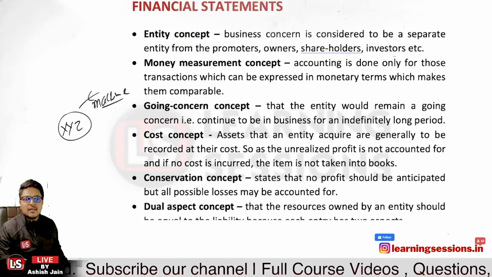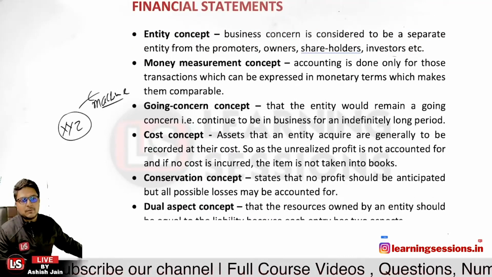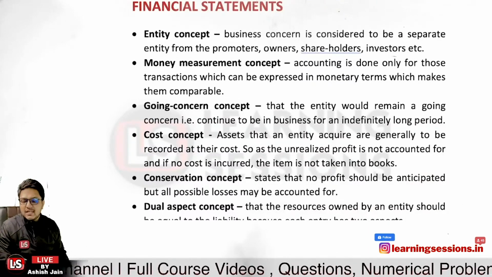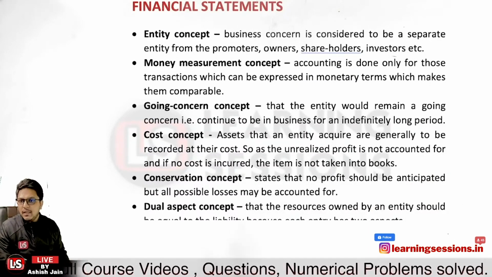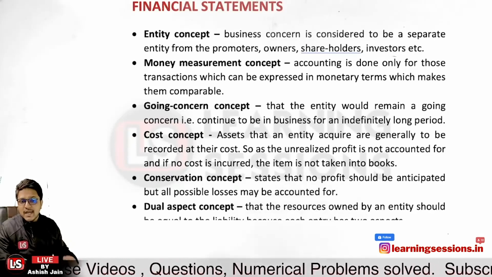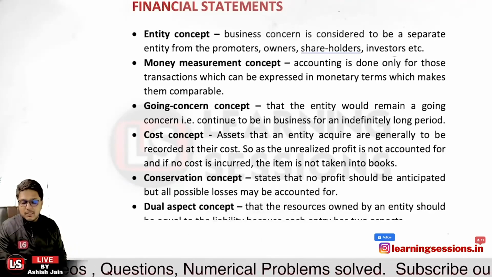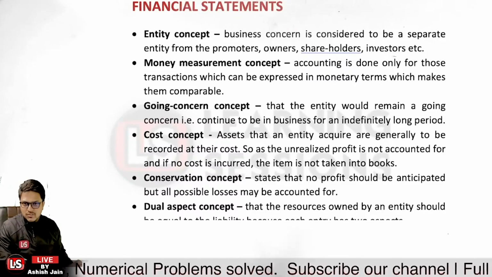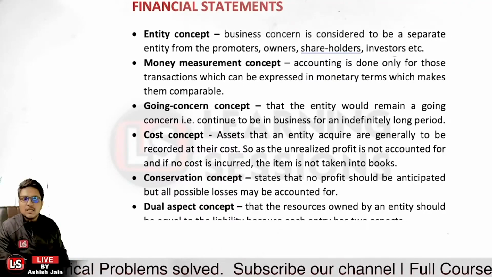Further, the next concept is the conservatism concept. It states that no profit should be anticipated. Let me give an example. Let us take the case that you just received an order amounting to rupees 2 lakh.